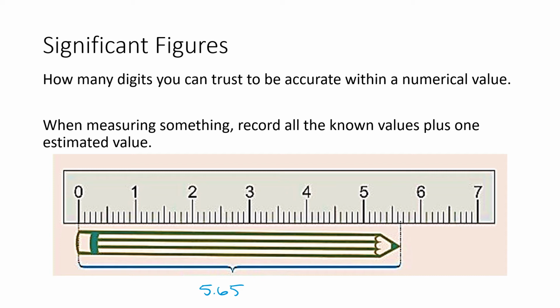Before you guess, what is it for sure? 5.6, and then you have to guess on that last digit, right? The dotted line goes somewhere in between, and there are no real divisions for us to get a right value. That's the one that we're going to guess on.